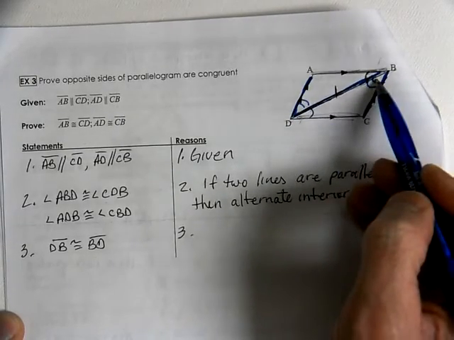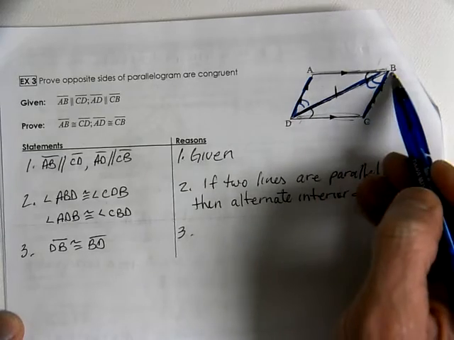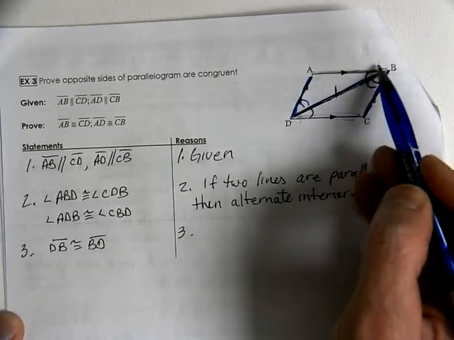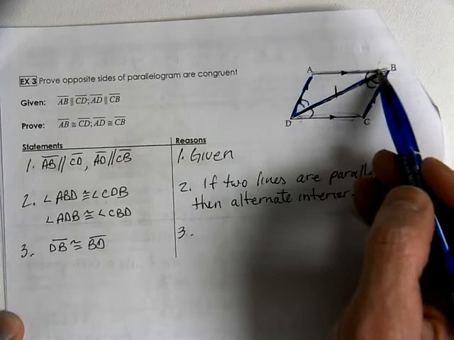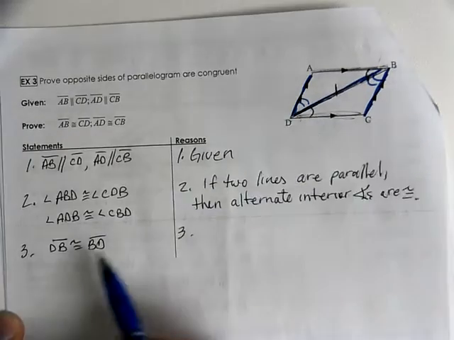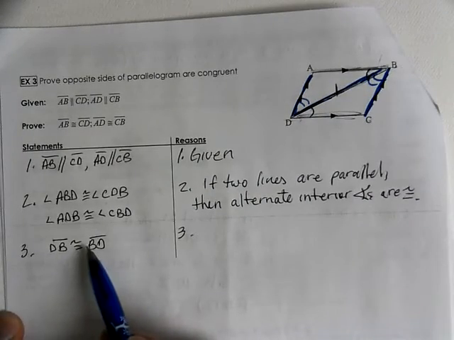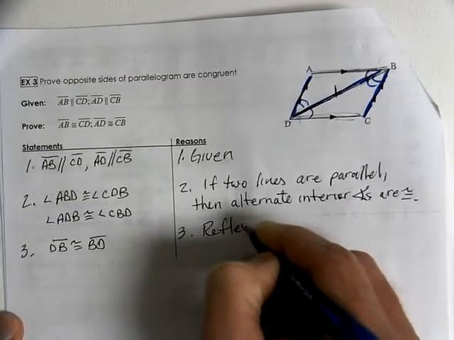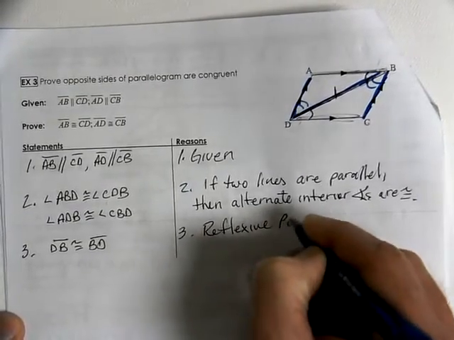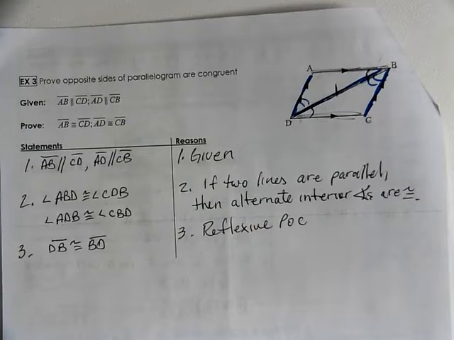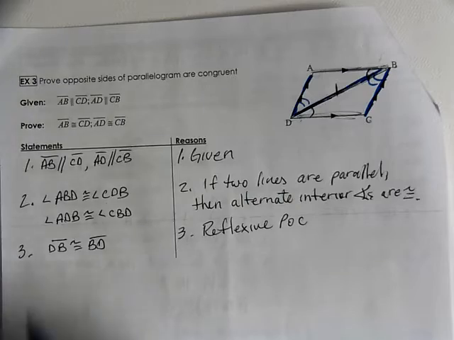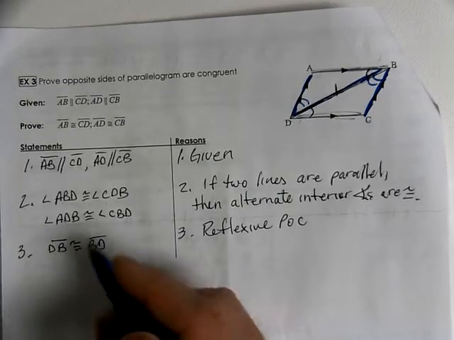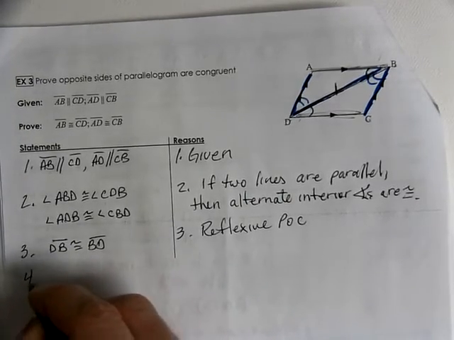From the 1 ticker to the 2 ticker, we're going D to B. In the other triangle, from the 1 ticker to the 2 ticker, we're going B to D. So notice the order has changed. That's called the reflexive POC, property of congruence. Now we've shown the angles are congruent, the sides are congruent.